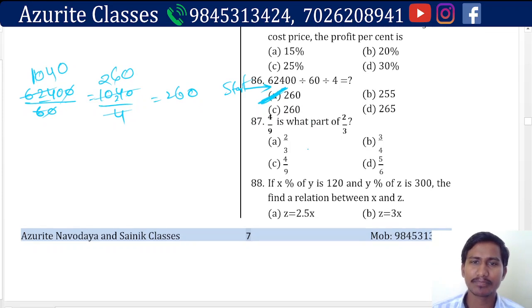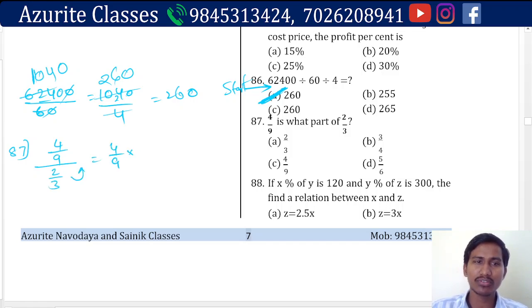Okay, 87. So what they are asking, 4 by 9 is what part of 2 by 3? So what part of means we have to just divide it. So you take reciprocal and multiply.